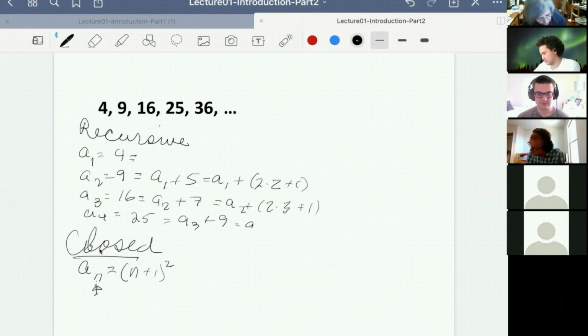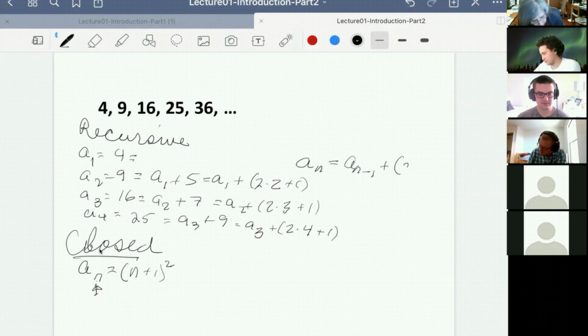And A4 is equal to A3 plus 2 times 4 plus 1. So we can hypothesize that A sub n is equal to A sub n minus 1 plus 2n plus 1.